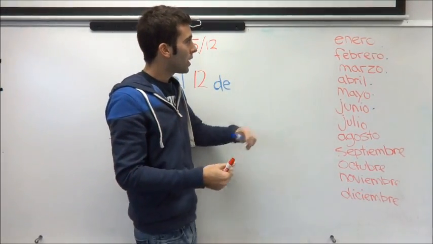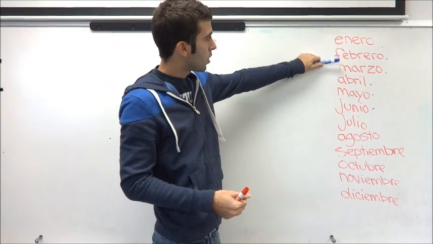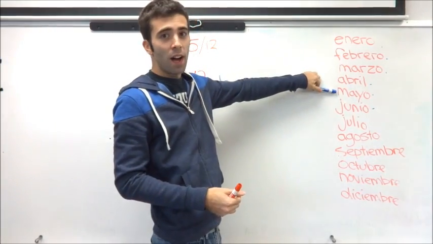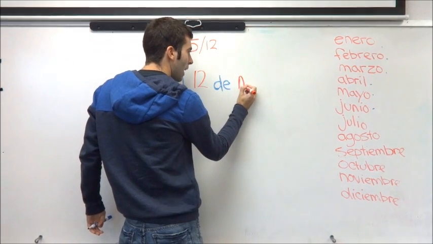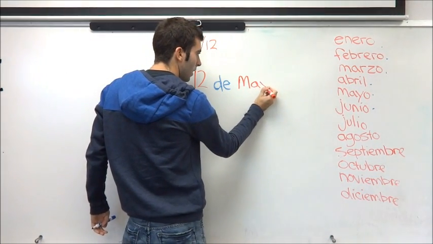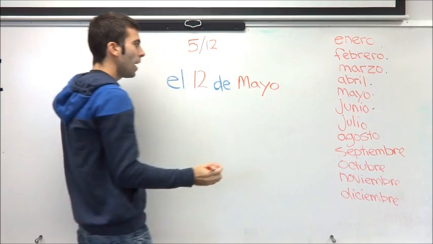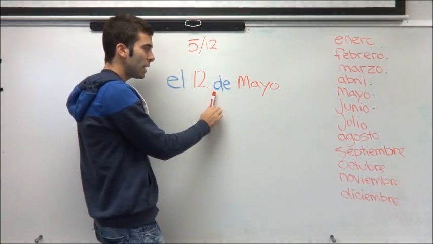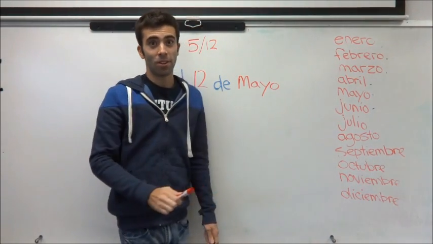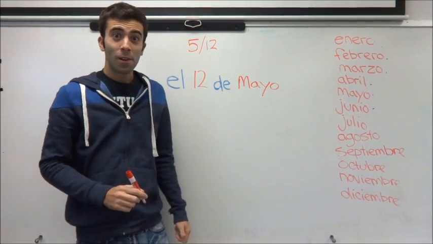You can even look over here and count down. 1, 2, 3, 4, 5. Mayo. So we write in mayo. And then we have written our date. El 12 de mayo. Not so hard, is it?